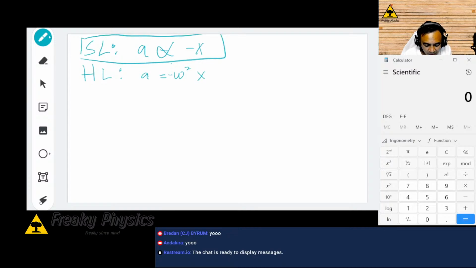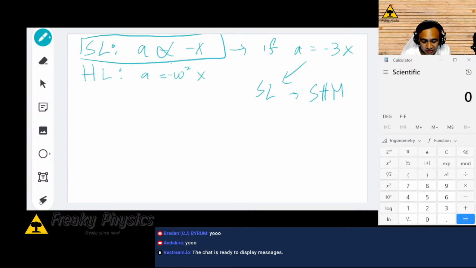Now, what does this mean though? If you're given a certain condition, for example, if the acceleration is equal to negative 3x, what does this mean? In SL, this means automatic simple harmonic motion. That's all you have to say.